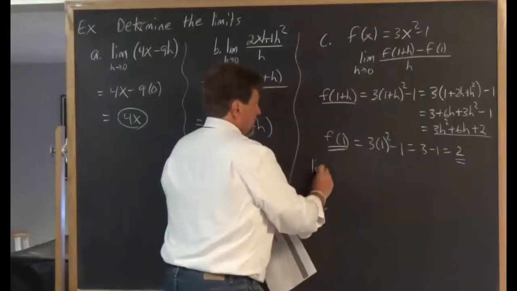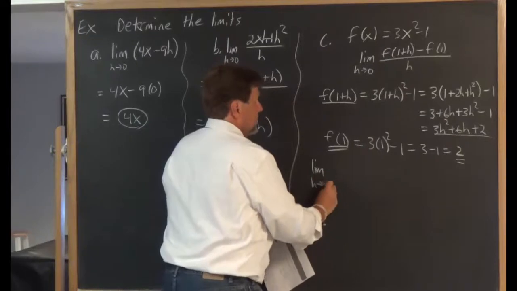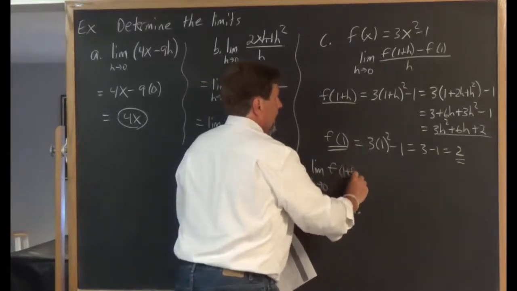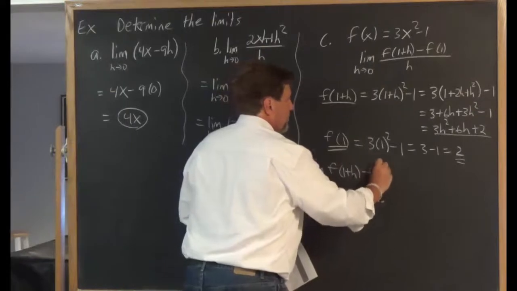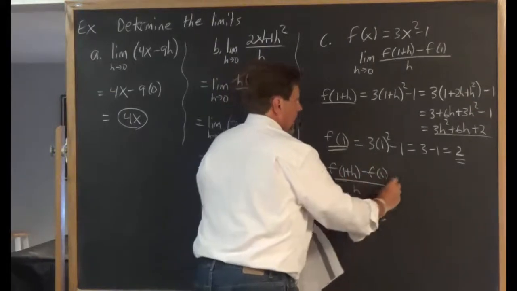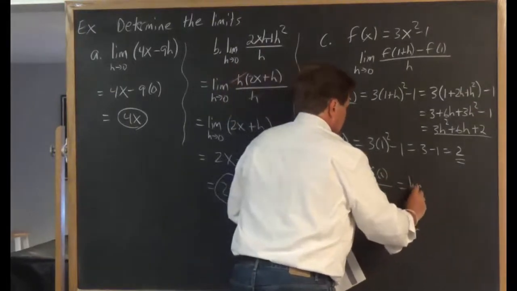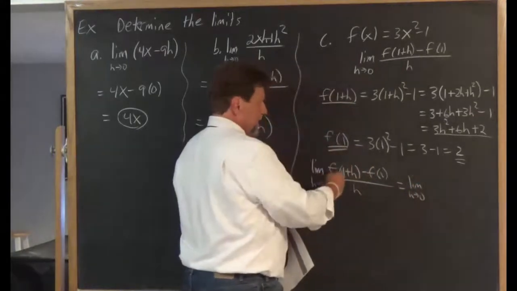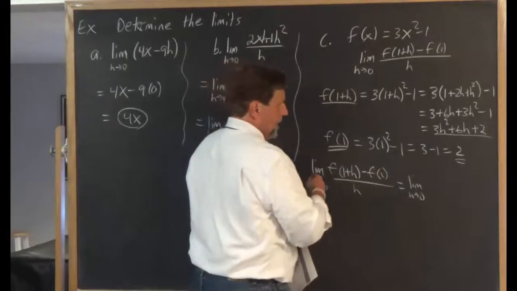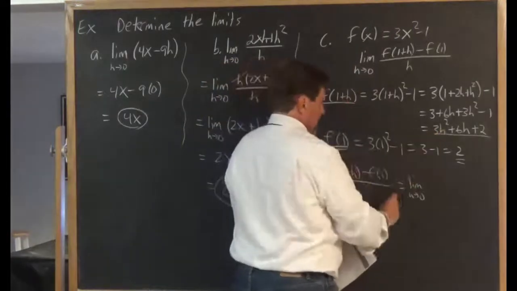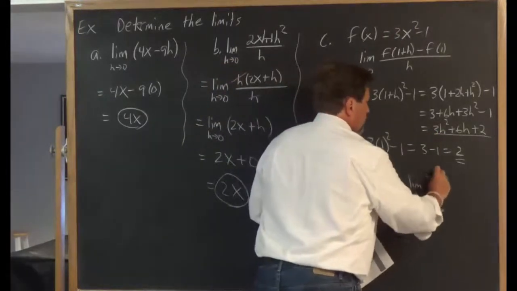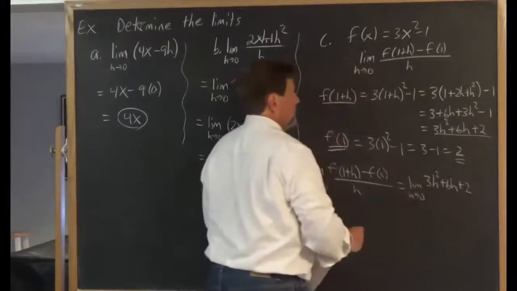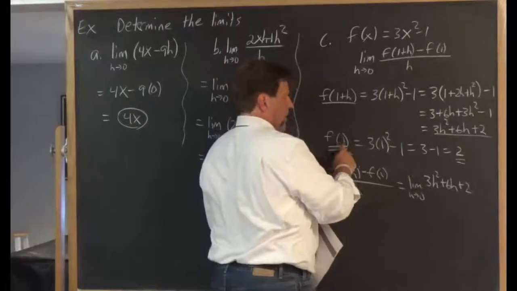So the limit as h approaches 0 of f of 1 plus h minus f of 1 all over h, well, let's see, the f of 1 plus h is right here, 3h squared plus 6h plus 2, minus f of 1.